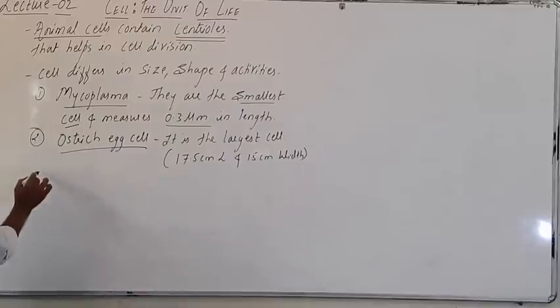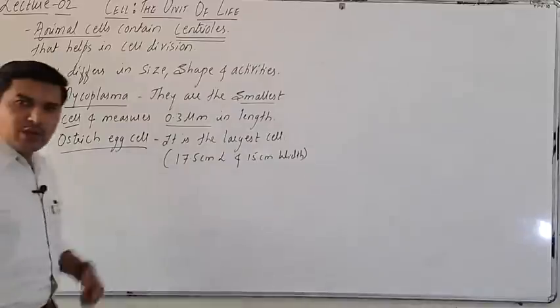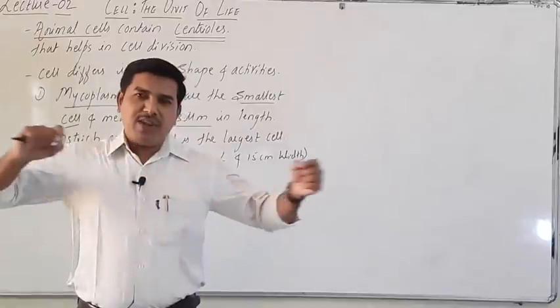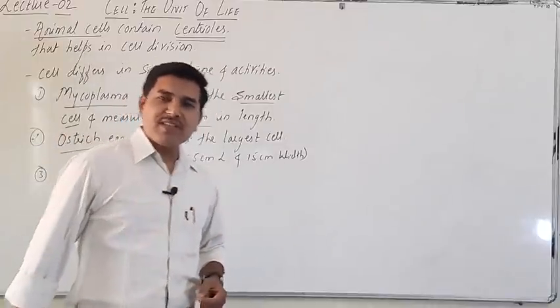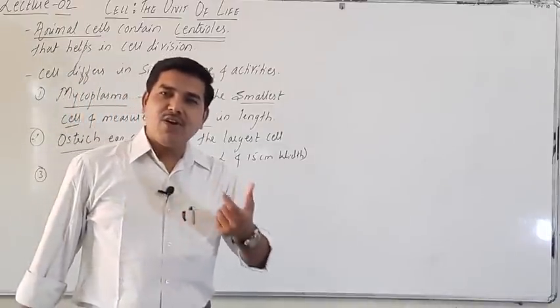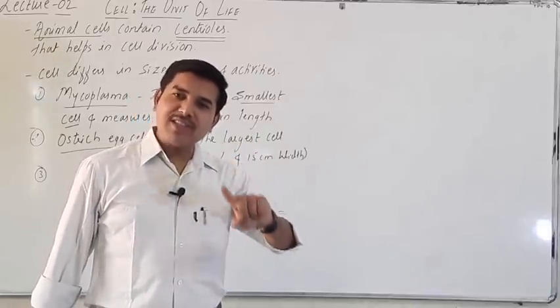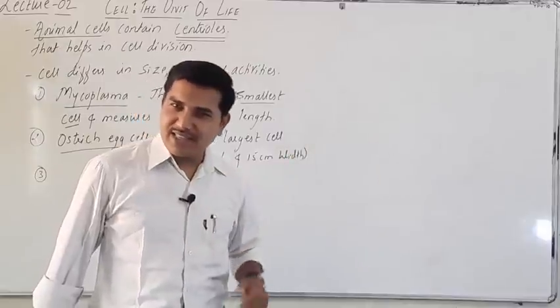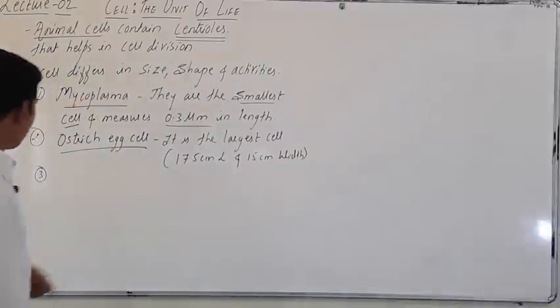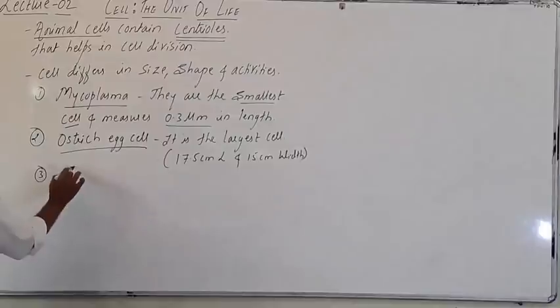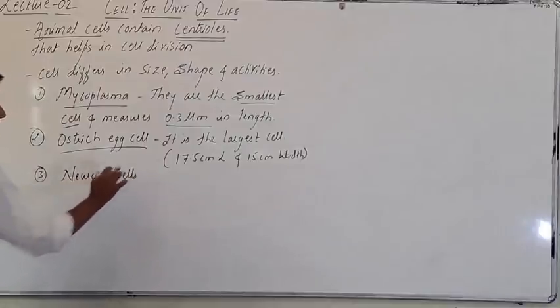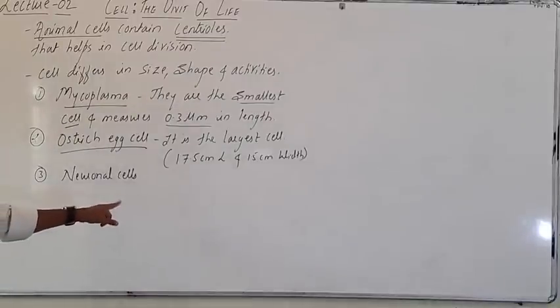Then the third one is the longest cell. Which is the longest single cell? The longest single cell is the cell of a nerve, or we also call it a neuron. Neuronal cells are the longest cells in our body. Okay, so the longest cells are neuronal cells.